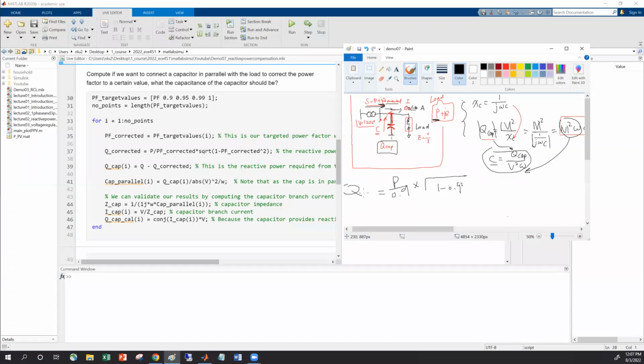So once we have this new corrected Q, we know that this Q cap plus this Q equals this Q load. So the Q cap will simply be equal to the Q load, which is this one, minus this whole thing, okay?